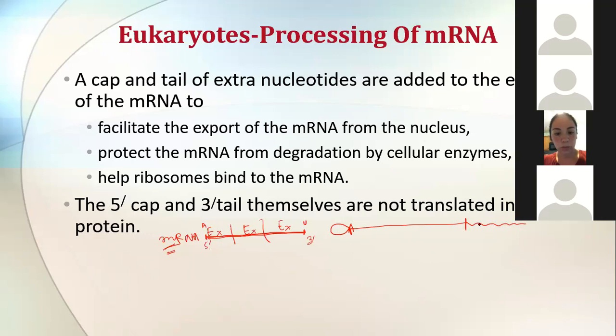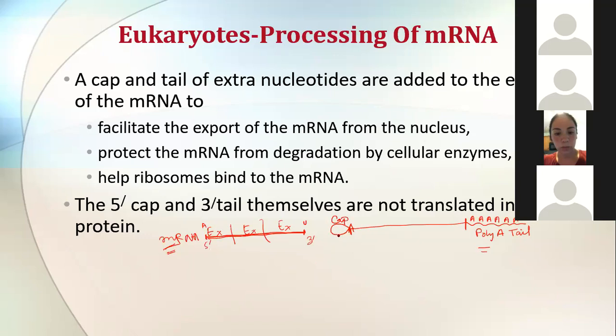Now for the tail, it adds multiple adenine bases. That is why it is called the poly A tail, because multiple adenine nucleotide bases are there. So this is the poly A tail, and we add one cap. This is called the cap.